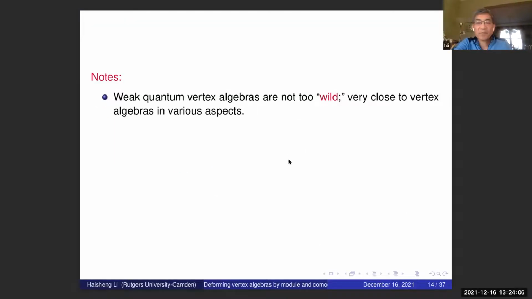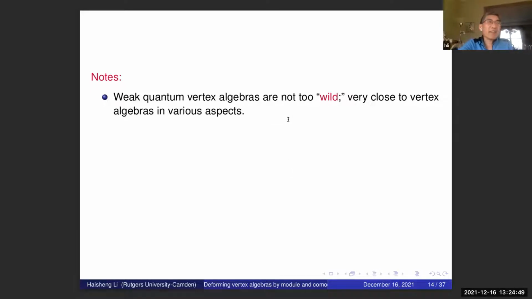So what I want to say is we have this weak quantum vertex algebra. Sometimes you want to generalize something, but you don't want to make it too wide. If it's too wide, of course it's very general and everything fits that pattern, but the problem is it's out of control and we cannot study it.